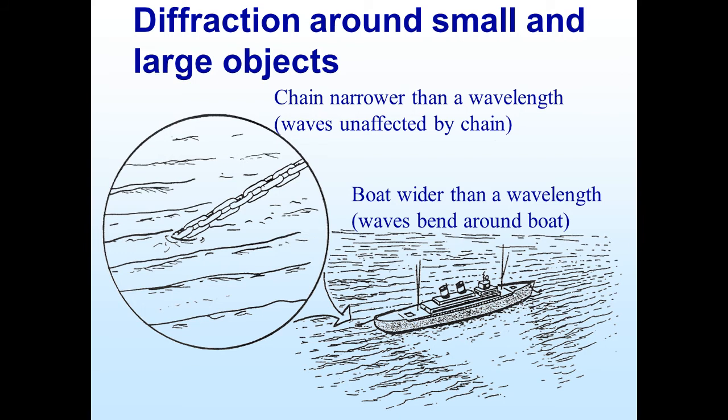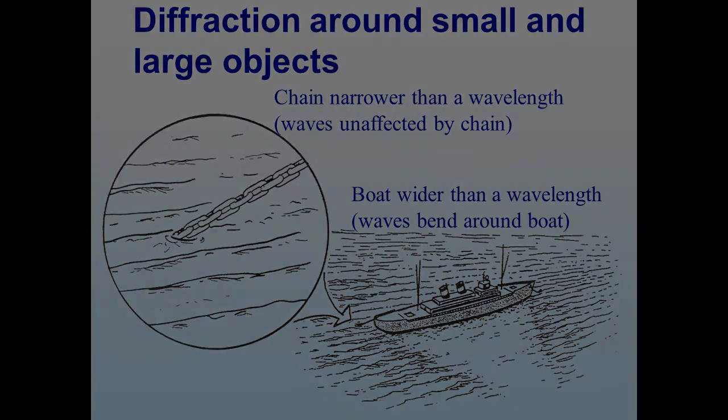By contrast, if you zoom in close and look at that chain, well, a chain isn't going to stop waves, is it? So those waves are just going to pass right around it as if it isn't even there, because diffraction allows it to do so.